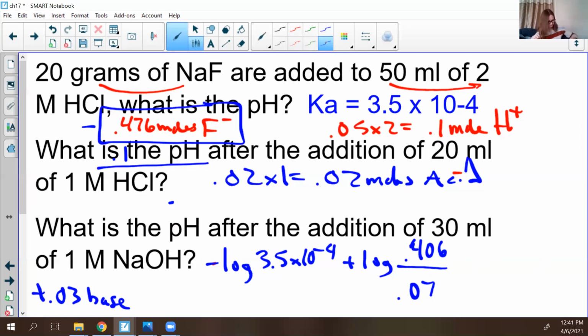What could the F stand for? I'm pretty sure. Francine or fluorine. All right, the F minus. Good enough. Oh, what was the answer?